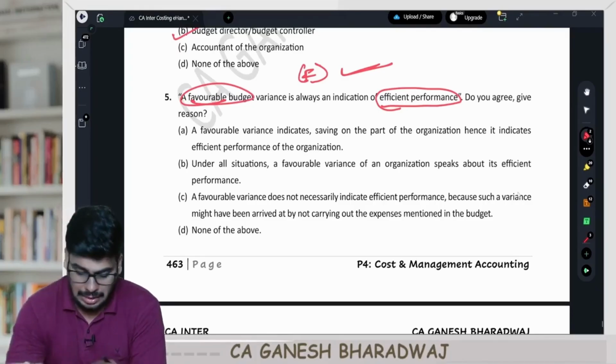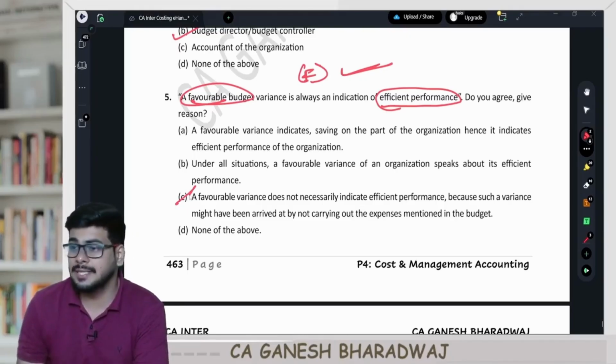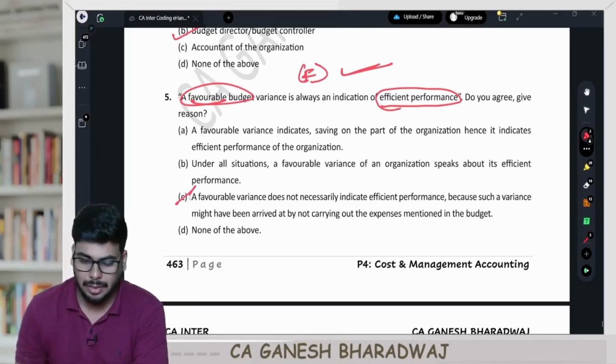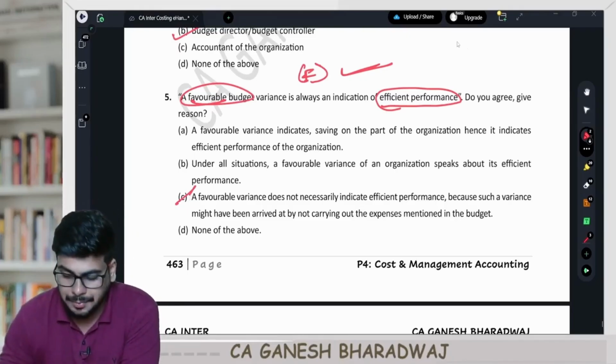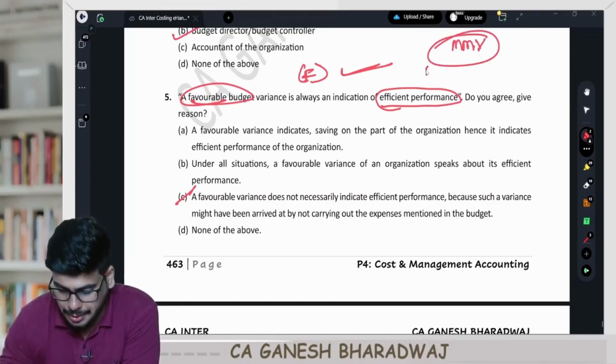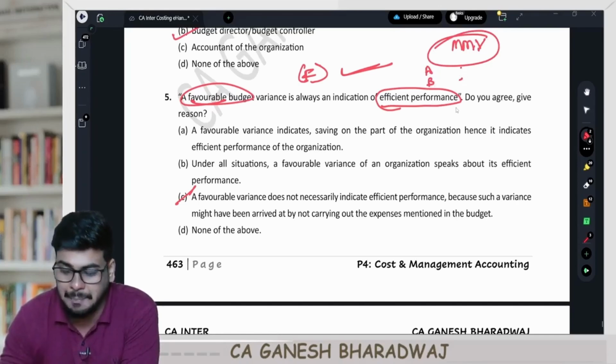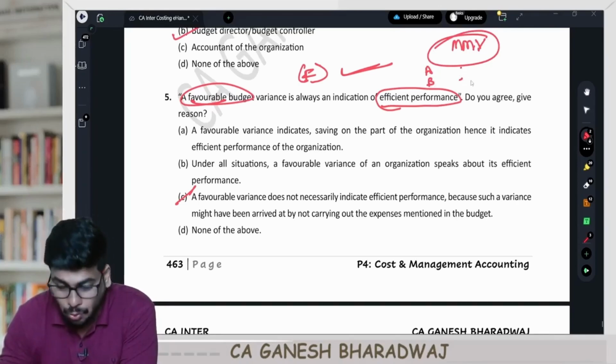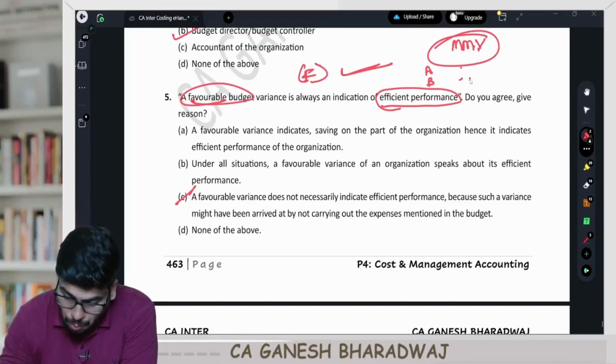Obviously, it's C. Why? Example, I'm telling you. You recall material mix variance. I have two products, A, B. A is a costly product, B is a cheap product. Now, what happened? If I use more of a cheap product and less of a costly product, what happens?